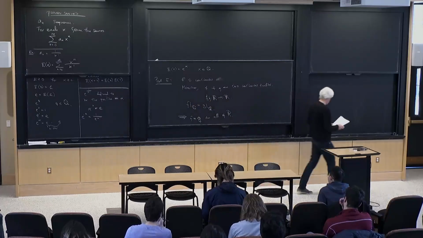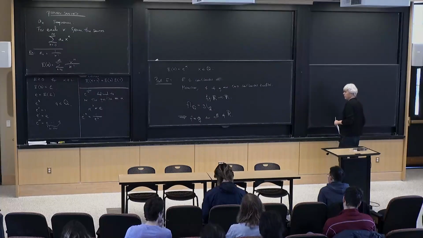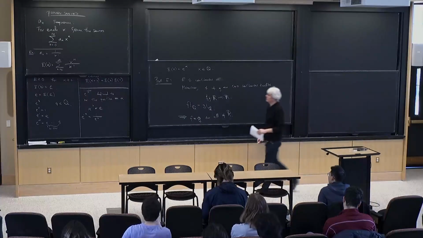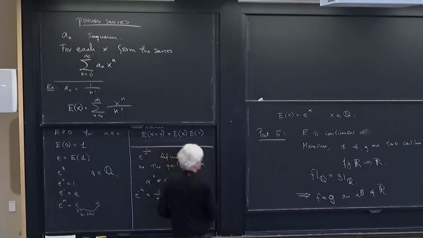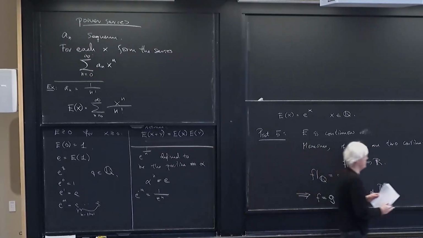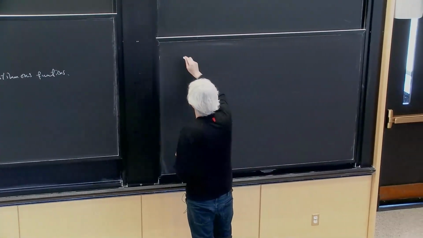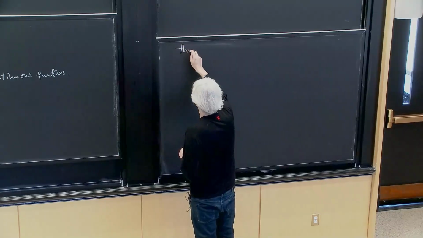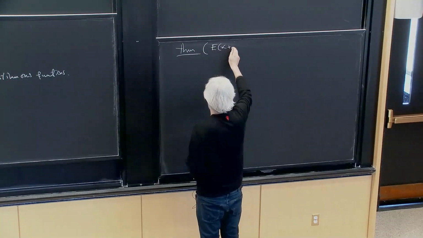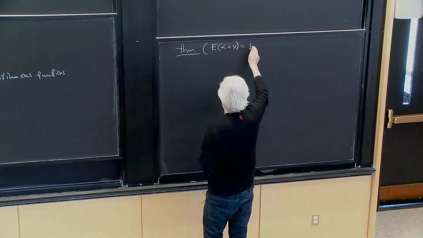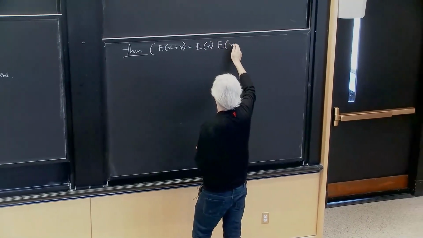Okay, so now, we still needed to prove this relationship here that we assumed. So let's try to prove this one here. And I'll just do the main case of it. And so we're going to prove, so theorem, we prove that E of x plus y is equal to E of x times E of y.